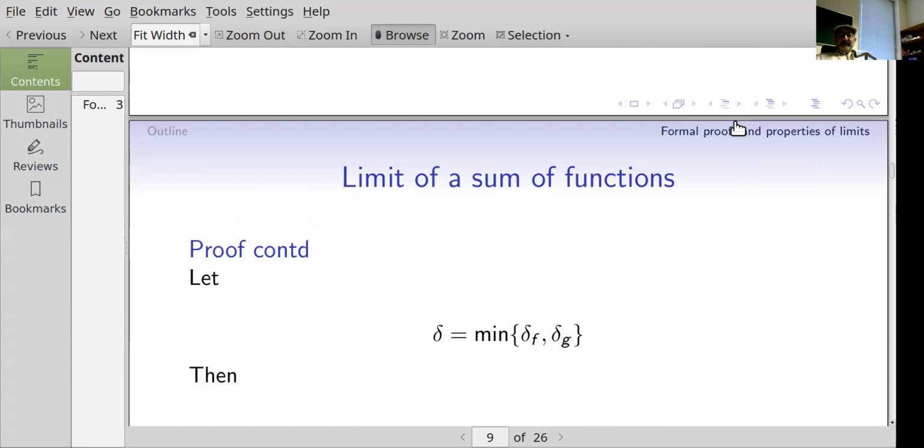So I'm going to take the delta as the minimum of delta f and delta g. Okay, so if a delta works for any limit, then something smaller than that delta also works.